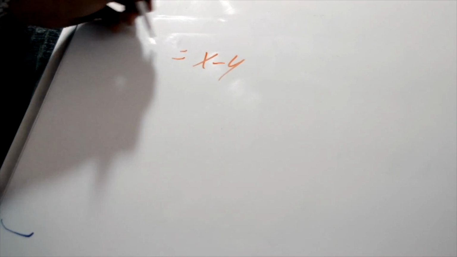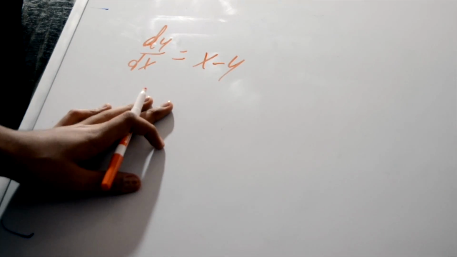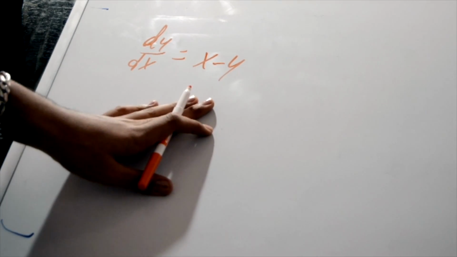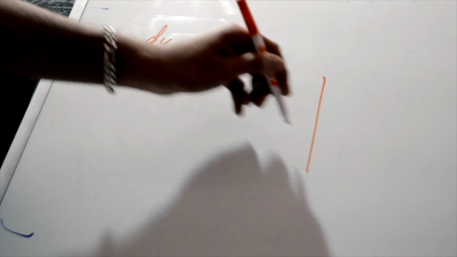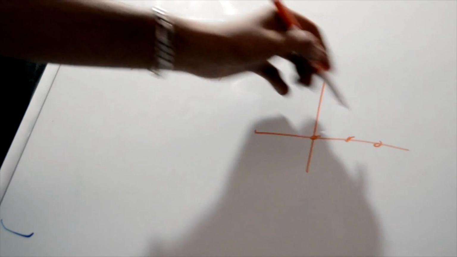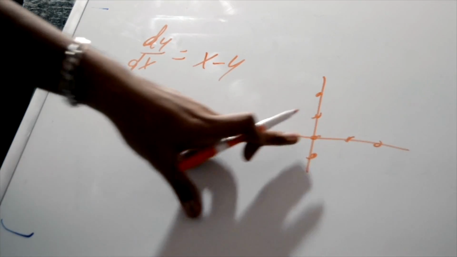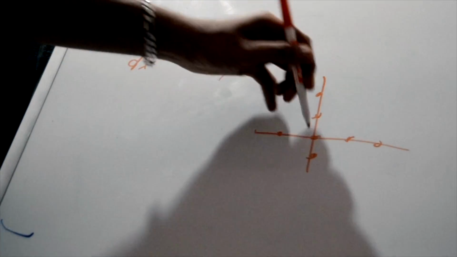Slope fields. Anything you want to know about slope fields is that if you have a differential, say x minus y, and that's dy dx, you can't really do it by hand. It's going to be a lot of work, but if they want you to sketch the differential with the given points, all you've got to do is plug in those values. So if this is 0, 0, plug in 0, 0, you're going to have 0.